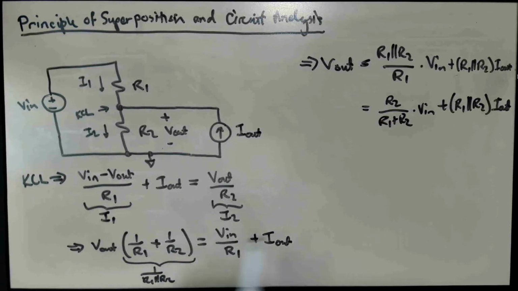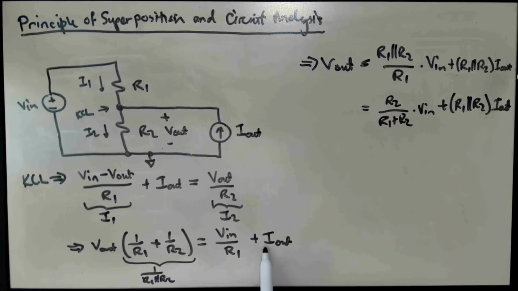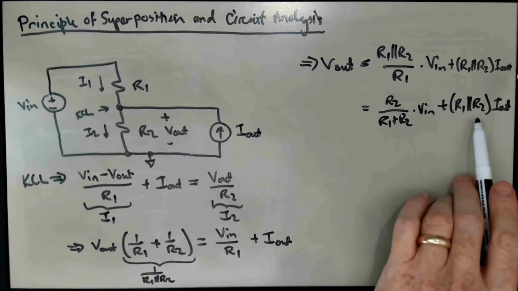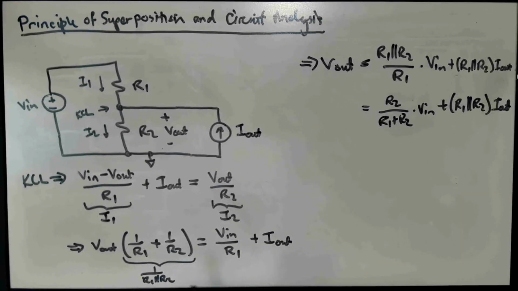We could have canceled the R1 and gotten our voltage divider ratio. But then we'd have to recognize that R1 R2 over R1 plus R2 is R1 parallel R2 to put it in this form.